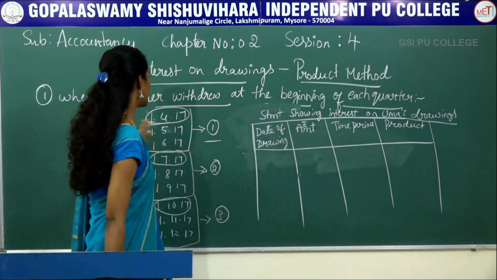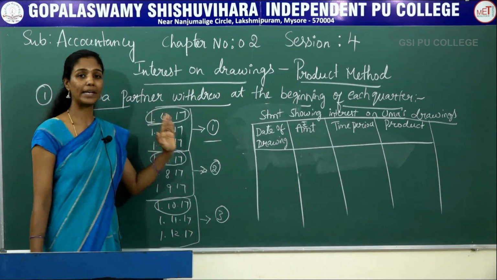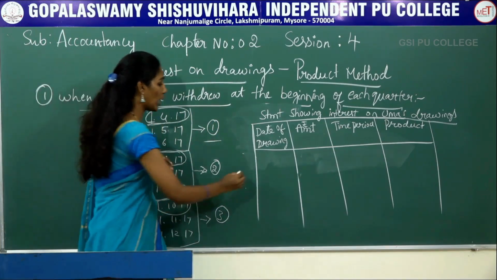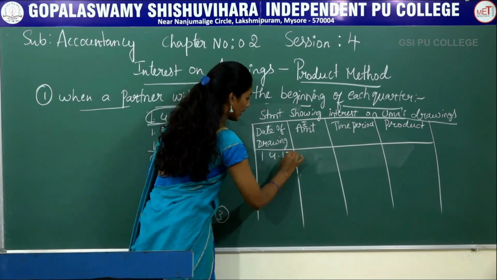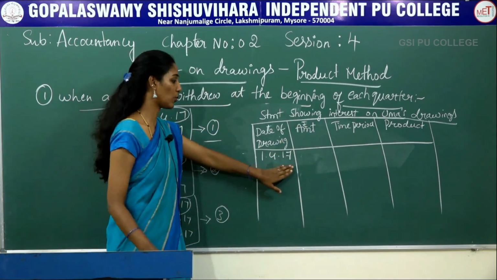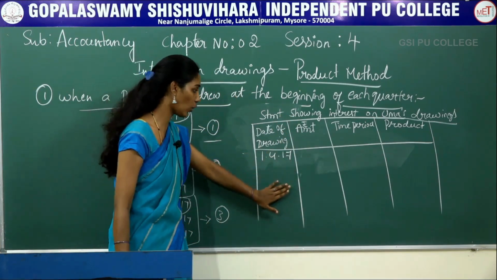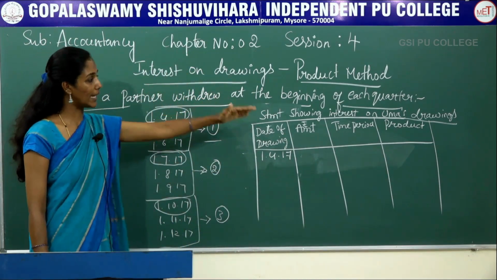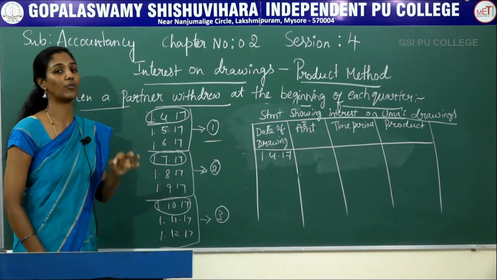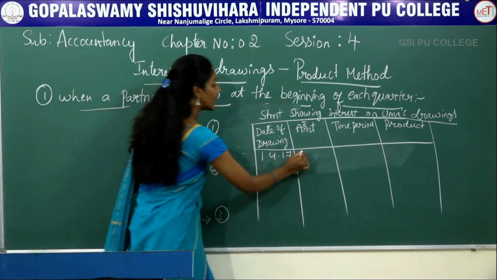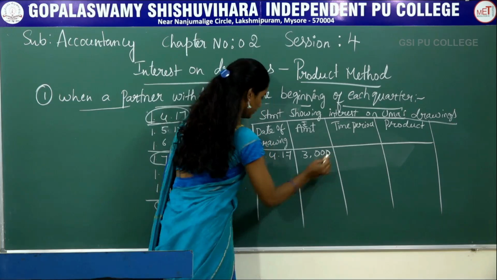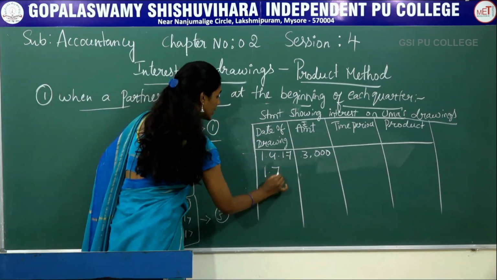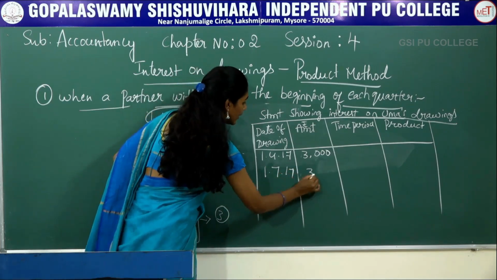Here in this problem, she has withdrawn at the beginning of each quarter. So you should write 1/4/2017 in the date of drawing column, and in each quarter she has withdrawn a fixed amount, that is rupees 3,000. In the second quarter, you should take 1/7/2017.